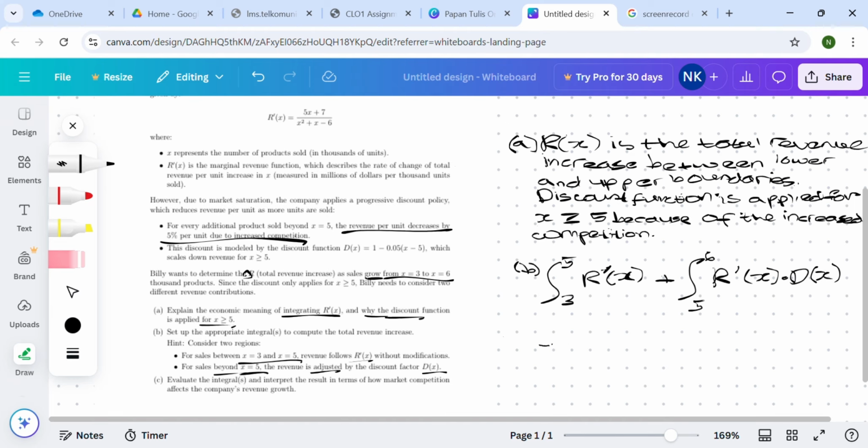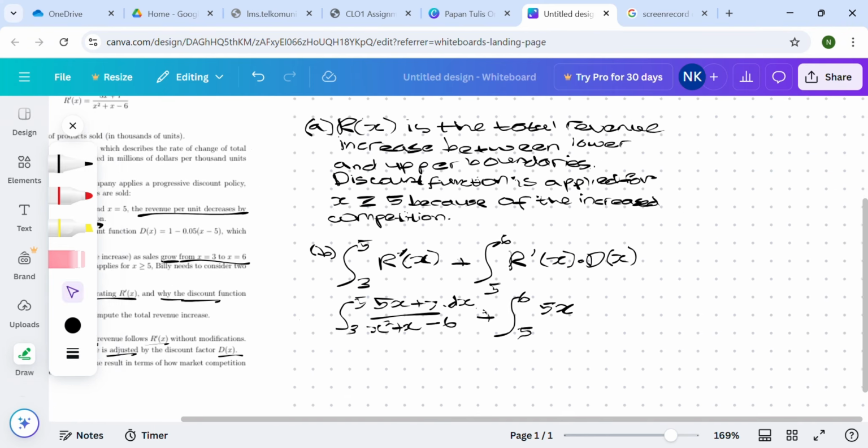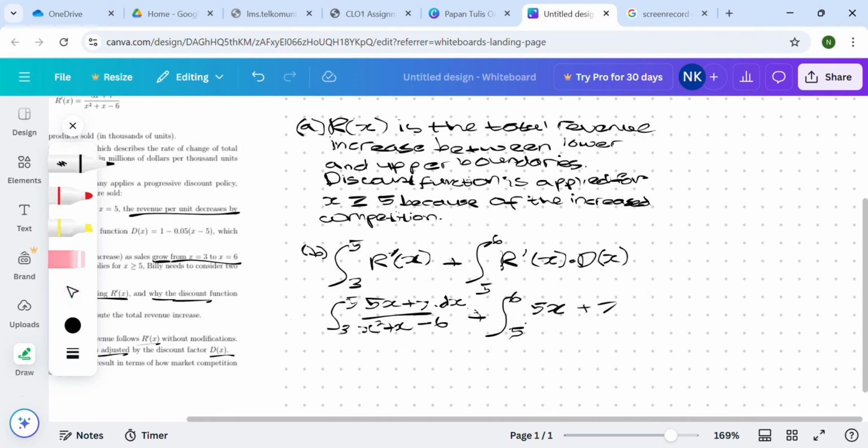So that means (5x + 7)/(x² + x - 6) times d(x), and d(x) is 1 - 0.05(x - 5).